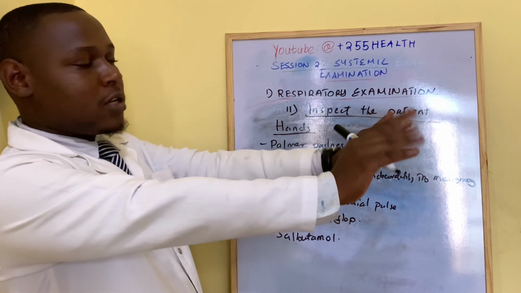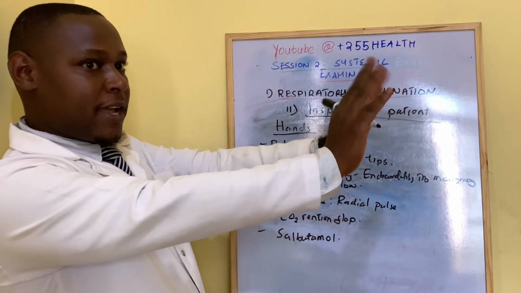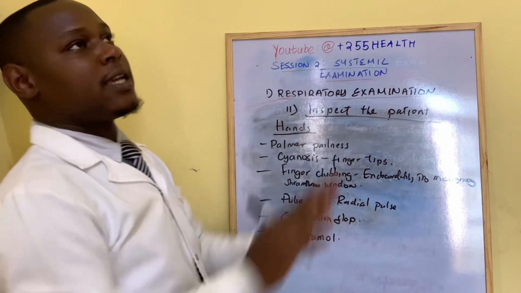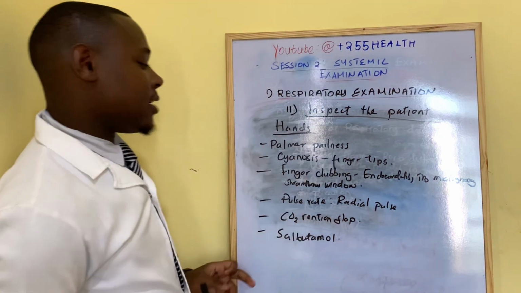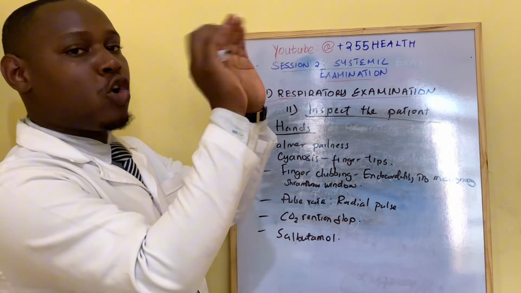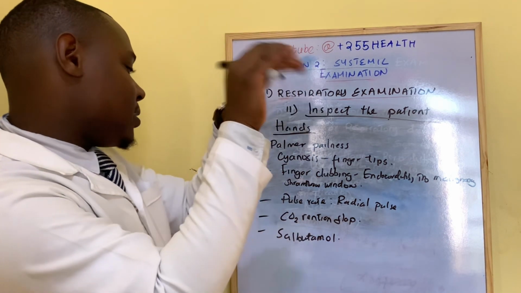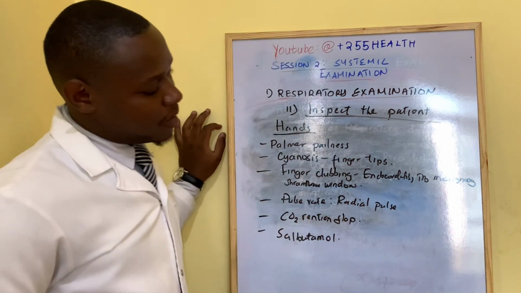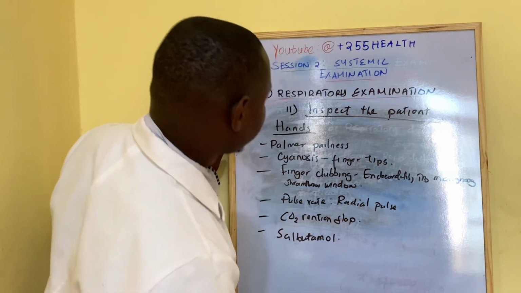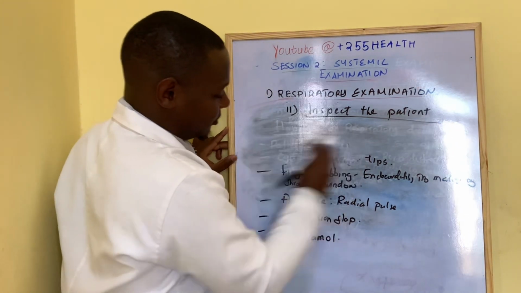In case of carbon dioxide flap, you find that the patient is tremoring down like this. So this is a case of carbon dioxide retention flap. But in case of salbutamol, the direction goes like this, a picking type of motion that the patient goes on to. Yes. From then, I think it's well understood.